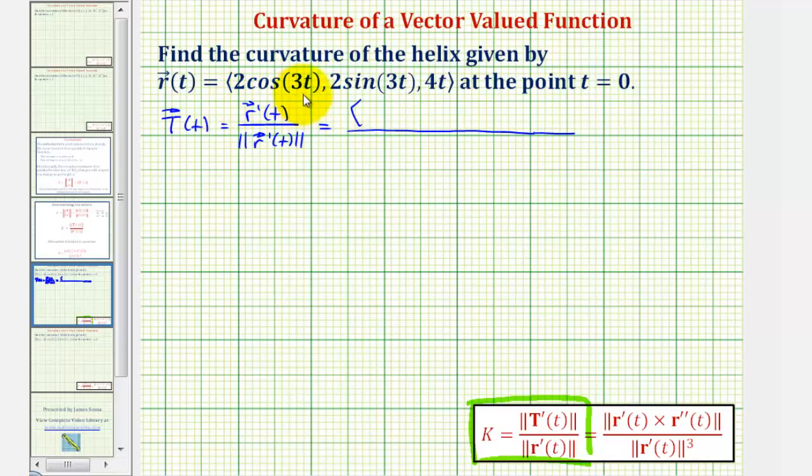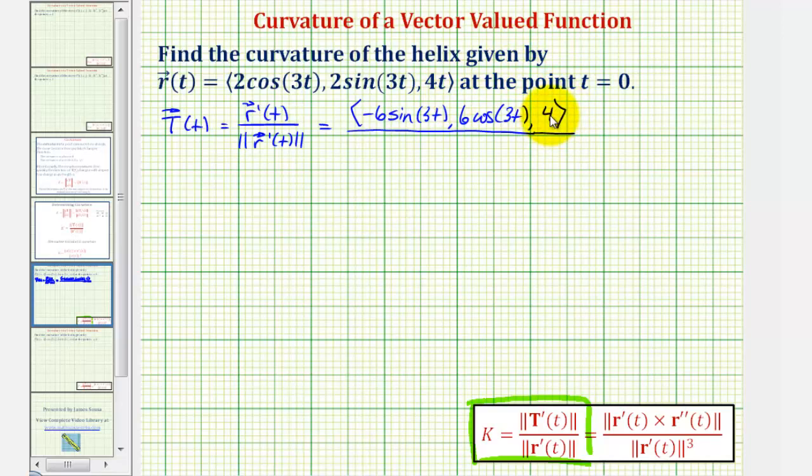Notice how this is going to require the chain rule. So the derivative is going to be negative 2 sine 3t times 3, or negative 6 sine 3t. The y-component would be the derivative of 2 sine 3t, which would be 2 cosine 3t times 3, or 6 cosine 3t. And the z-component would be the derivative of 4t, which is 4.